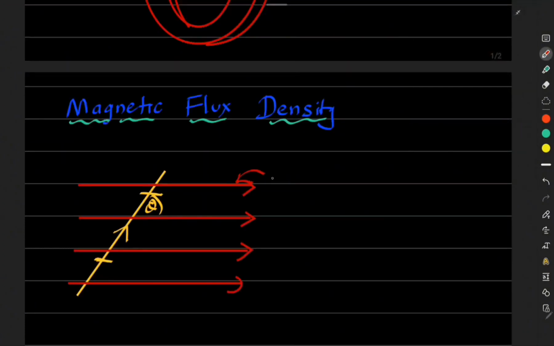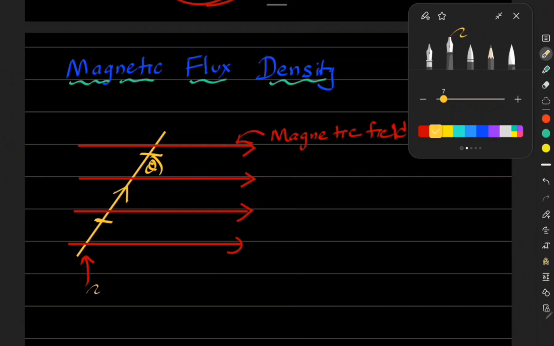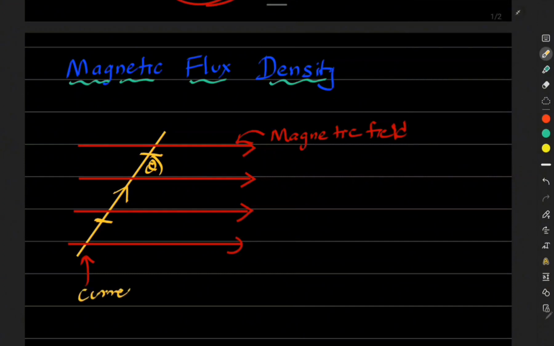These are magnetic field lines, and this is the current carrying conductor. Theta is the angle between the field lines and the wire.